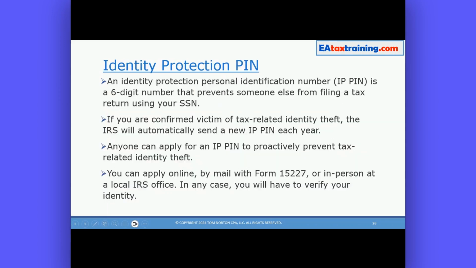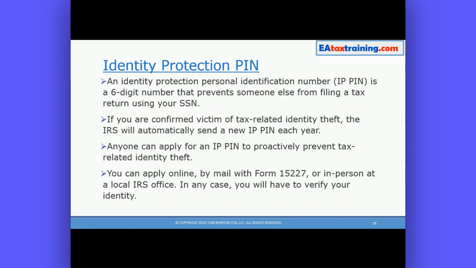So let's talk some more about the identity protection PIN that we have discussed previously. This is a 6-digit number that prevents someone else from filing a tax return using your Social Security number. If you are a confirmed victim of tax-related identity theft, then the IRS will automatically send you a new PIN every year. They'll send it to you in the mail.